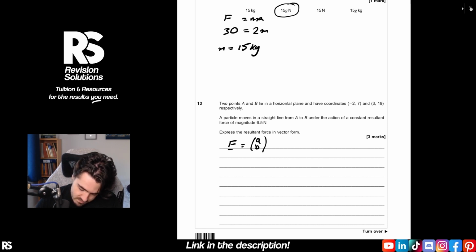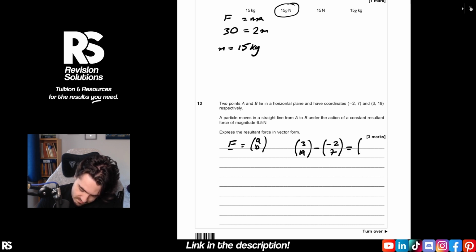And then we've been given two pieces of information to find out what those components might be. So the first piece of information says that it moves in a straight line under this force. So that means the force must be parallel to the displacement between these 2 points. So if we find the displacement between the 2 points by just subtracting them, so that's 3, 19 minus -2, 7.